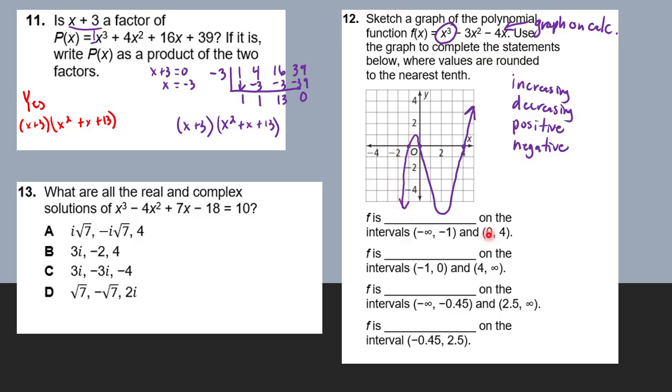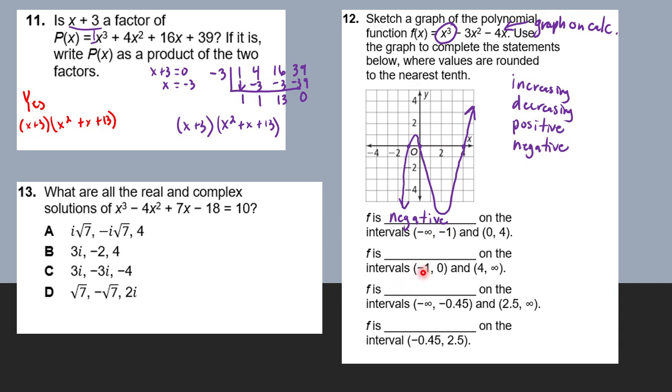And then also between 0 and 4. So between 0 and 4, they're talking about this part of the graph. Both of those are underneath the x-axis, which makes them negative. So for that one, we would write negative, because that is where the graph is below the x-axis.